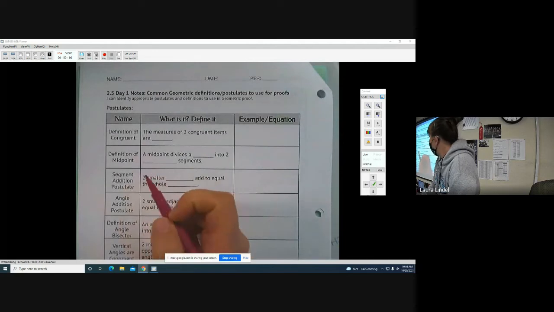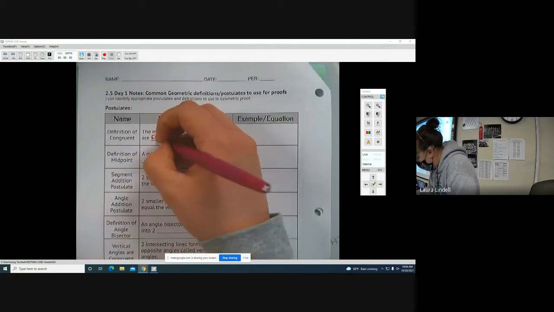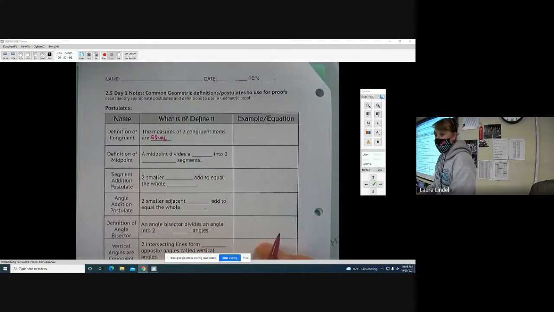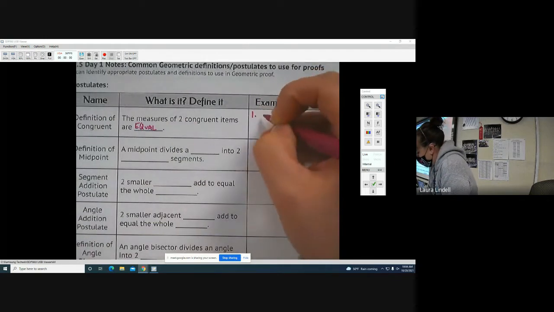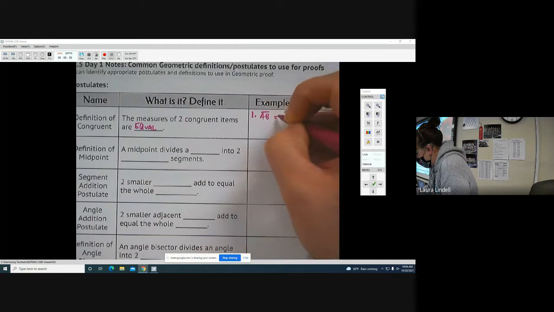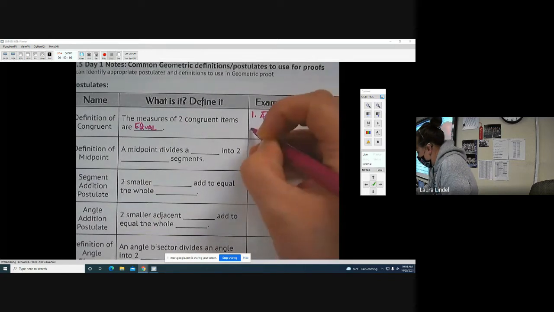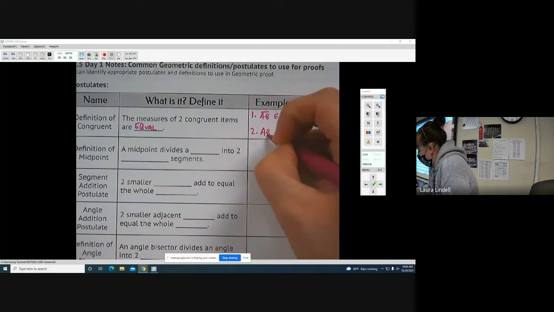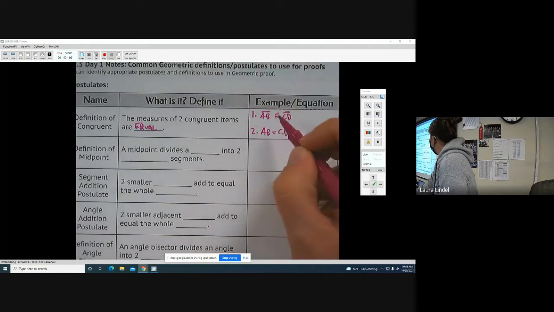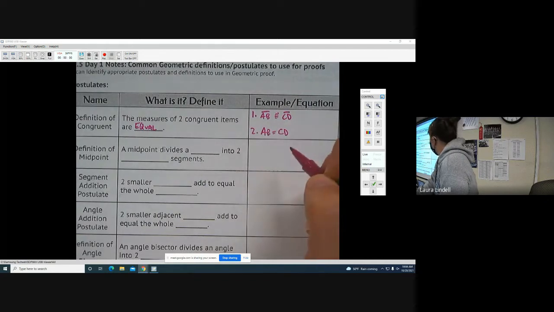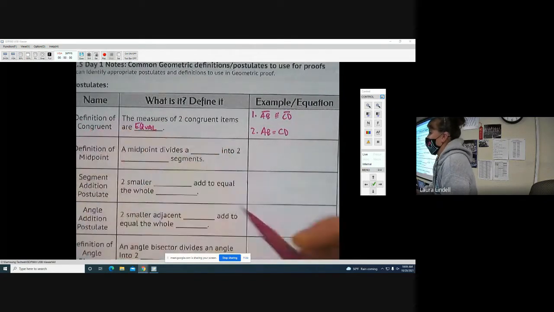The measures of two congruent items are equal. So an example of this and how we would use this in a geometric proof. If your first statement said something like AB is congruent to segment CD, and your second one said AB is equal to the length of CD, anytime we go from having congruent between two items to having equal between those same two things, that would be the definition of congruent as our reason.